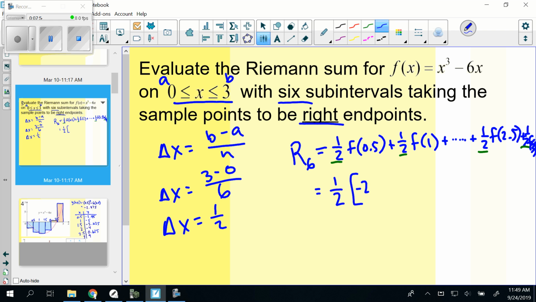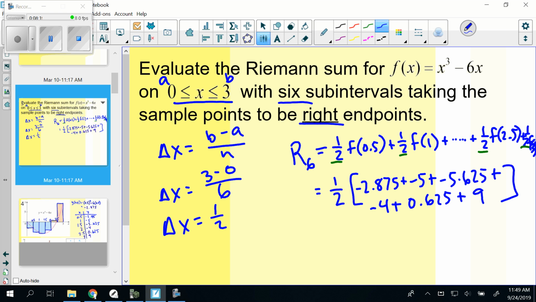This one was negative 2.875, plus negative 5, plus negative 5.625. We're adding all these up. Negative 4 plus 0.625, and finally the last one was a height of 9. So now we want to add all those up, times half. That's going to give us an approximation of this area.